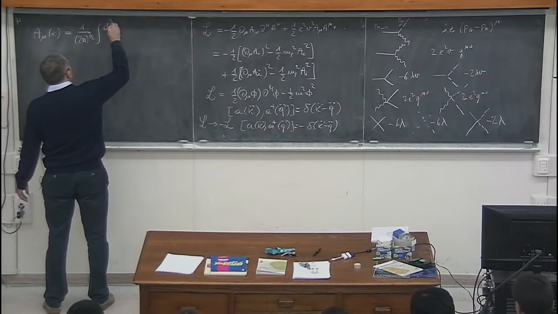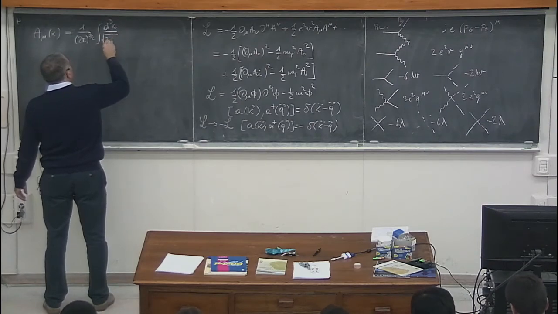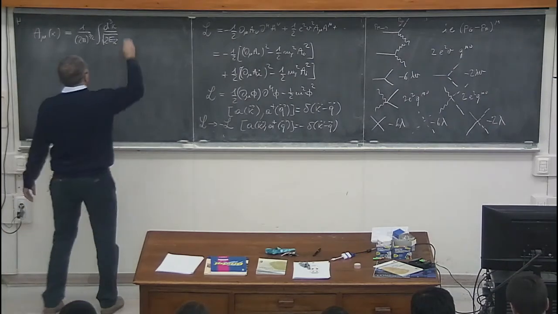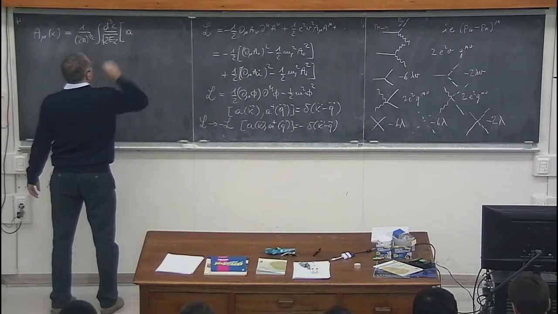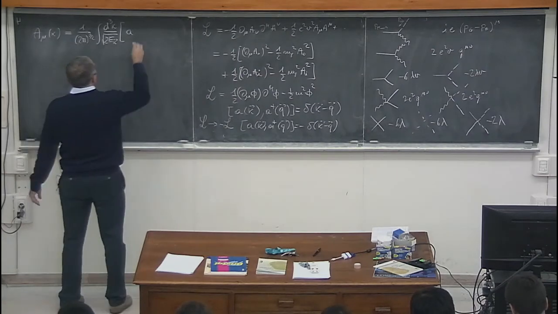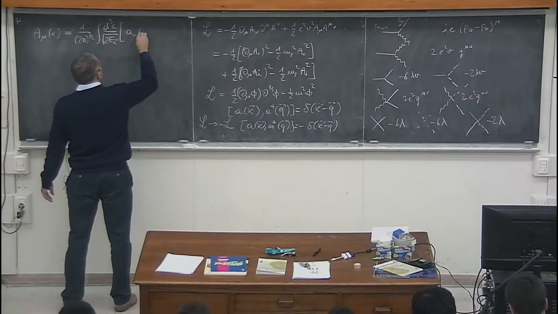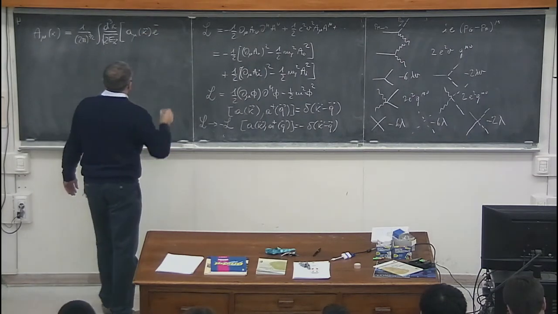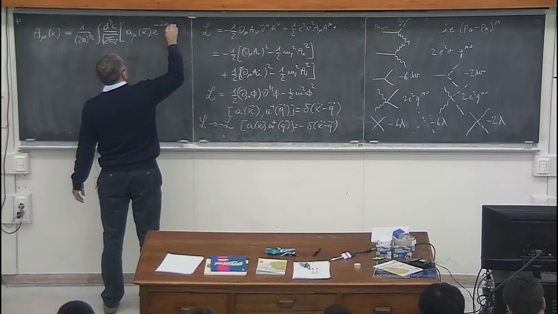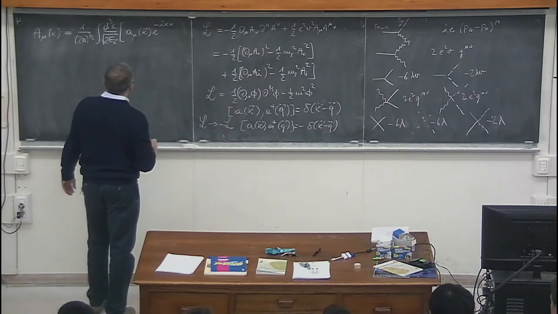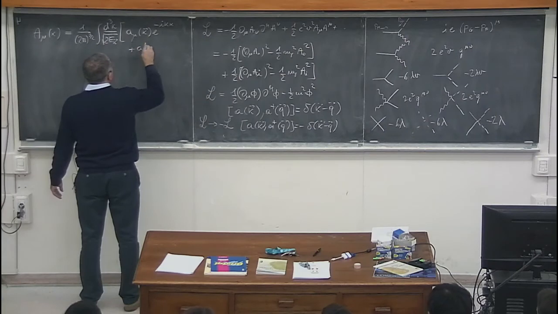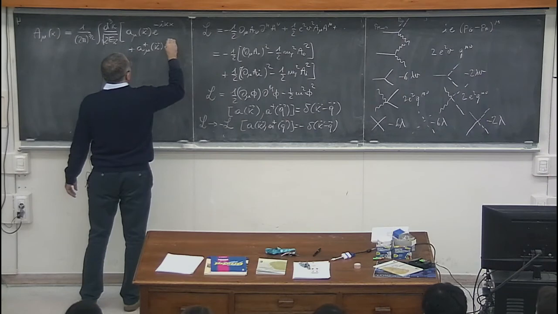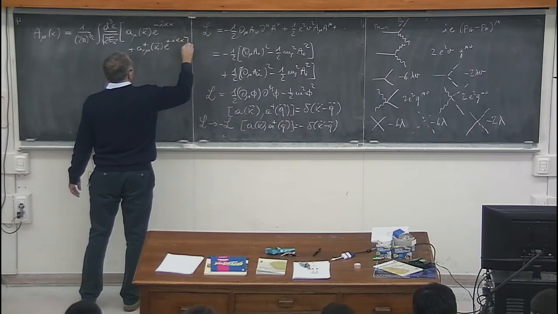Integral over the 3-momentum k divided by 2 the energy associated with 3-momentum k, times the annihilation operator a, which carries an index mu and which is a function of k, times the propagating plane wave e to the minus i k x, plus the Hermitian conjugate, plus a dagger mu of k e to the plus i k x.